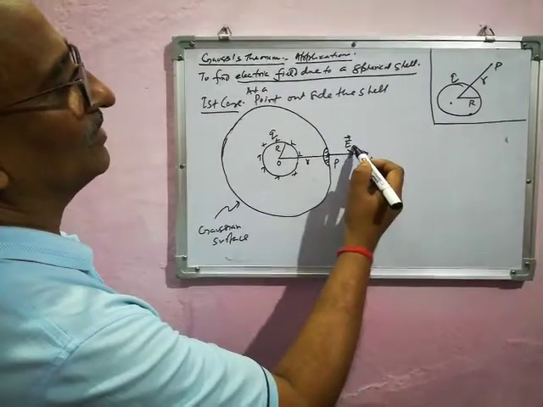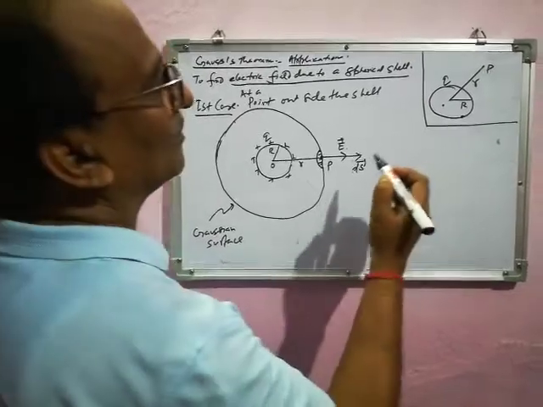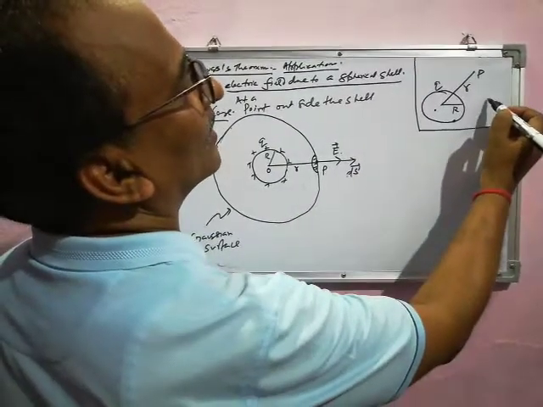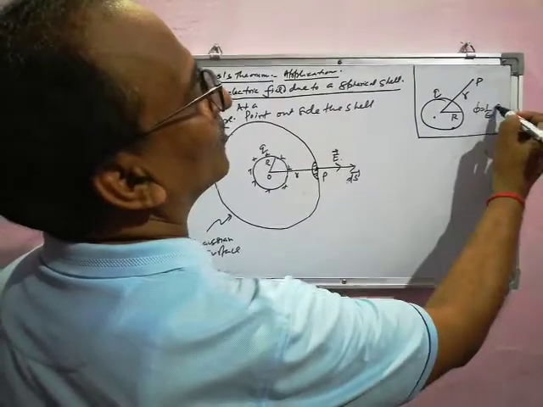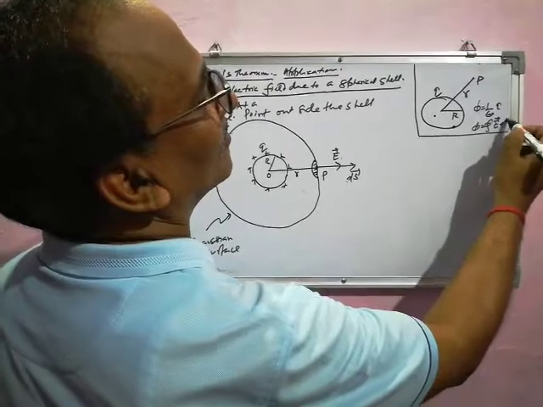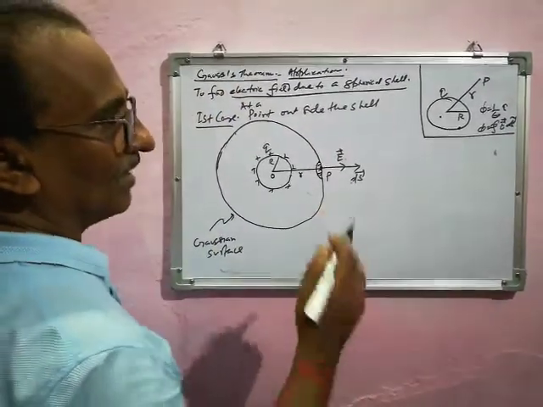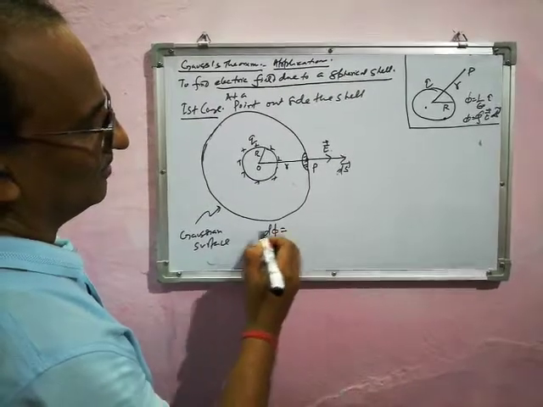So electric field will be along this direction. Now we calculate the value of the flux once by the definition and once by Gauss's theorem. Let us first find the flux according to the definition.